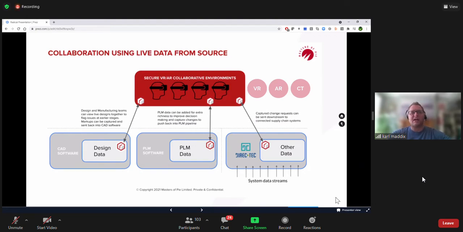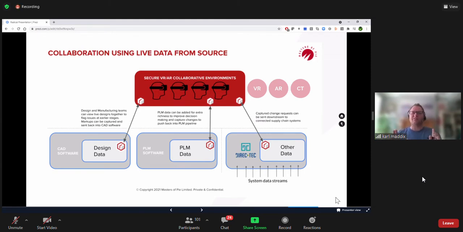So if you think of Radical as the spatial collaboration environment where you can jump in and out of this real-time environment with your colleagues, with your partners, with your supply chain, and bring all of your data with you. The heavy lift is done by Radical in terms of the 3D data, but we can then, as I mentioned, start layering in supplementary 2D data as well into the mix to create these rich collaborative environments where any change from any direction is represented in real time, but bidirectionally as well.